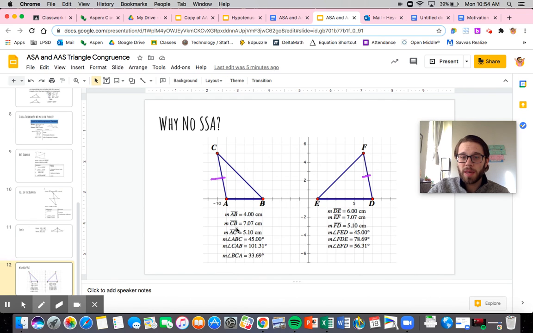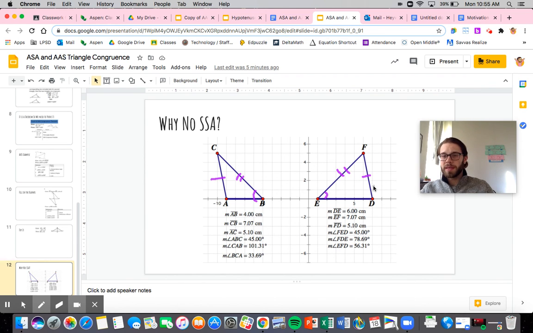And then CB and EF are also congruent. So we have a side, and then we need an angle on the outside. Well, that's fine. We have two angles right here, ABC and FED. So these two angles are congruent. So we have a side, and an angle.